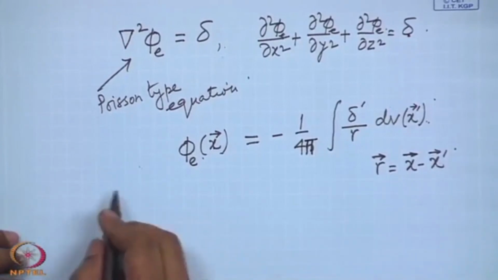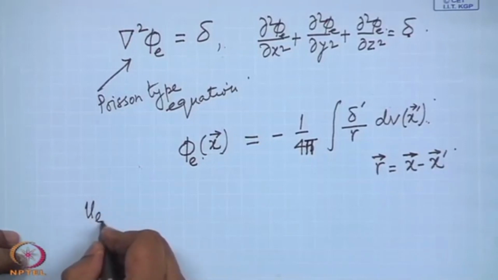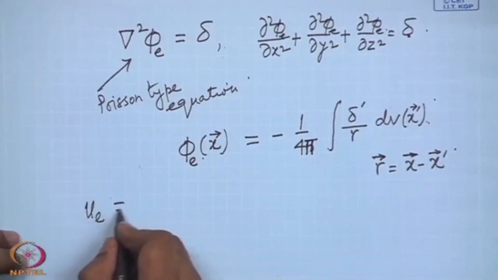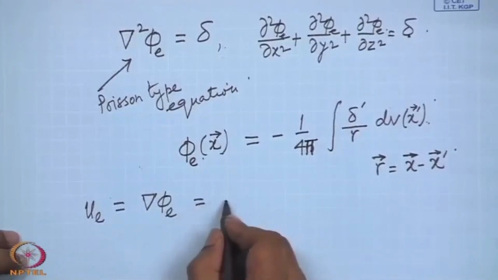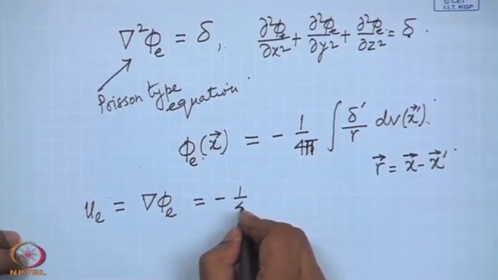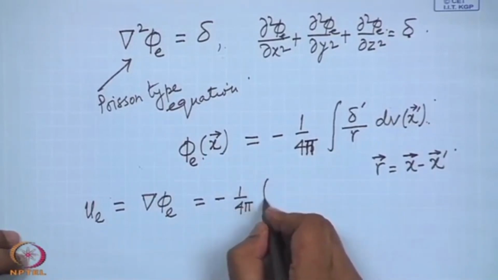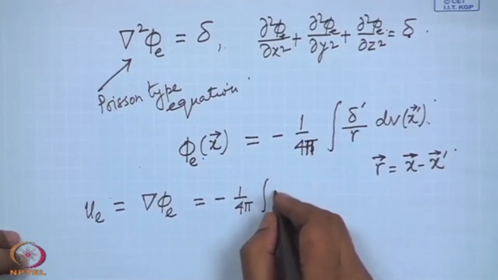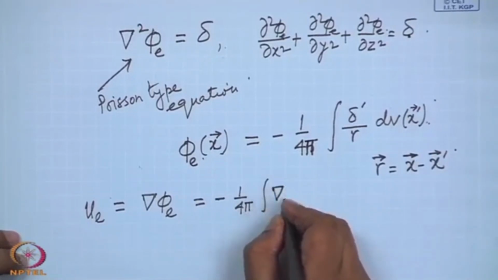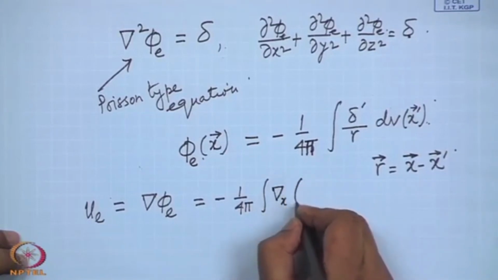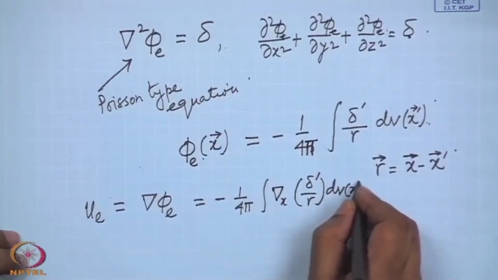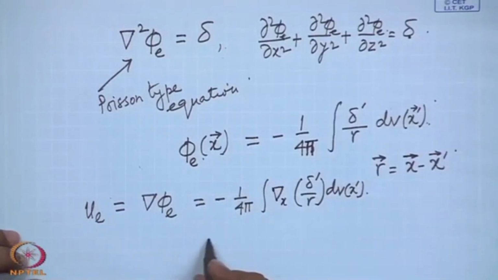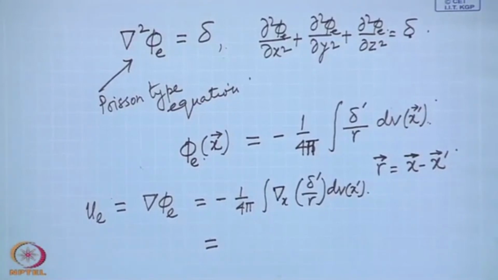The velocity field then can be obtained as u e equal to grad phi e. How much will this be?